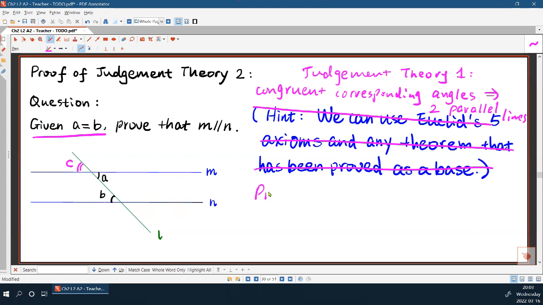Okay, so then we can prove it this way. Because A equals B, right? This is given information. And also A equals C, right? Because they are vertical angles. Remember what vertical angles are? Because A equals B and A equals C, therefore C equals B, right?